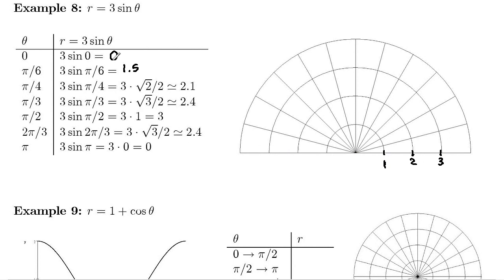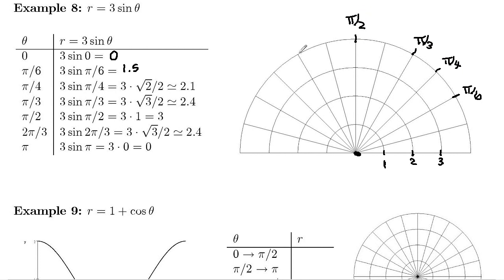First we've got 0, 0, which is right here at the origin. And then we've got angle pi over 6 with radius 1.5, so we go out 1.5. Remember, pi over 6 is here, pi over 4 here, pi over 3 here, and pi over 2, 90 degrees, right there.